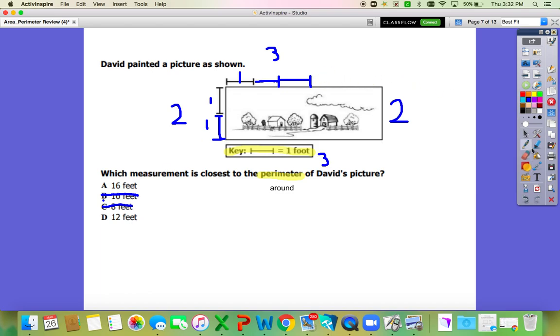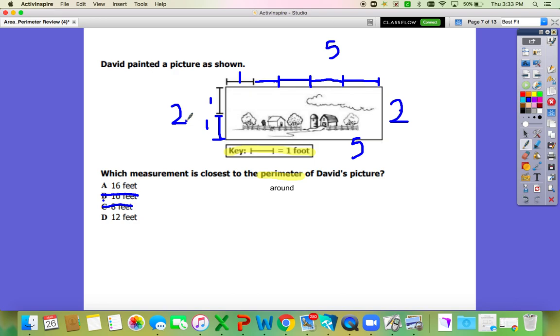Let's keep going. Let's try again. I'm going to take my 3's off. All right, so I have 3 so far. 4, 5. If this is 5 and this is 5, that's 5 plus 5 is 10. 11, 12, 13, 14.